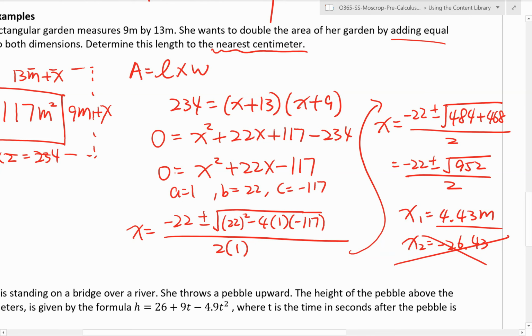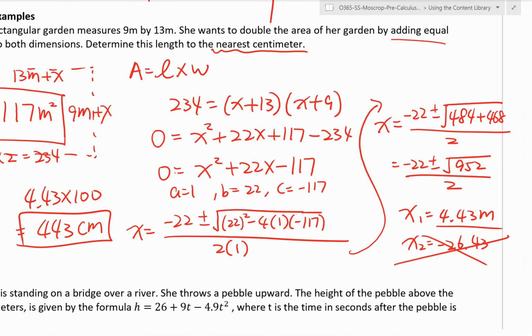So recall, to convert, you multiply 4.43 times 100. This is 443. Oh, sorry, not meters, centimeters. That's how you convert meters to centimeters, times by 100. Okay, so that's the first example.